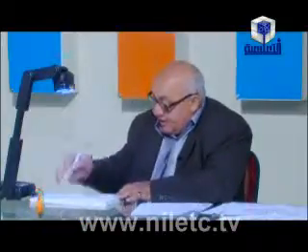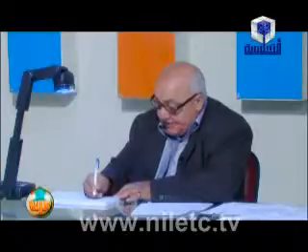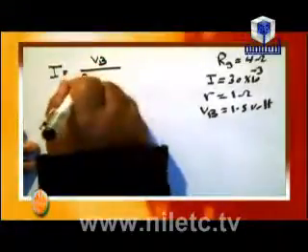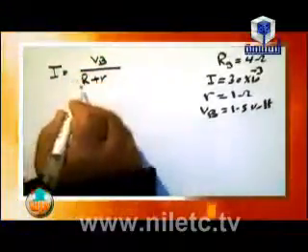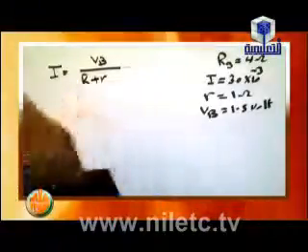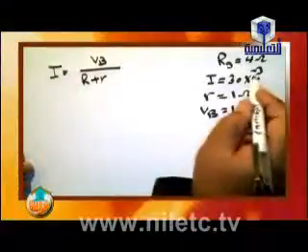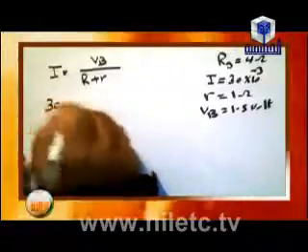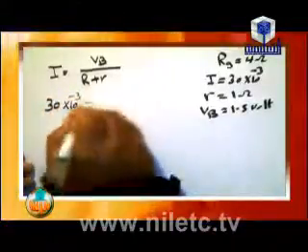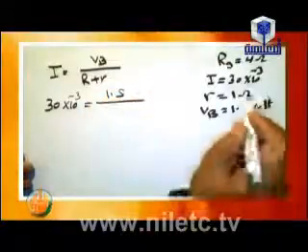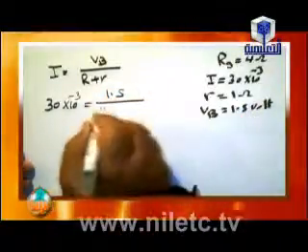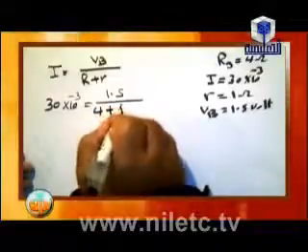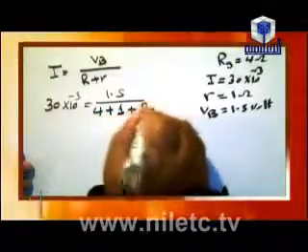Calculate the value of the required standard resistance. This is the apparatus of the ohmmeter. We use Ohm's law for a closed circuit to find the standard resistance. I equals VB over R plus r, where R capital letter represents the total resistance in the circuit. Current equals 30 times 10 power negative 3, which is equal to 1.5 over the resistance, which is 4 ohm plus 1 ohm plus R standard.